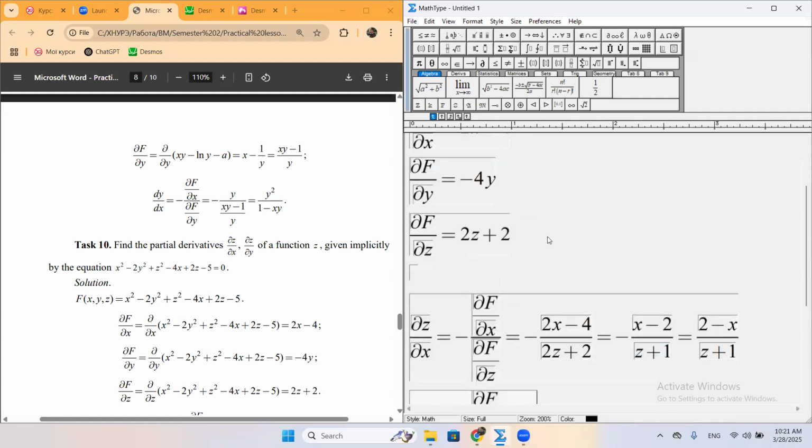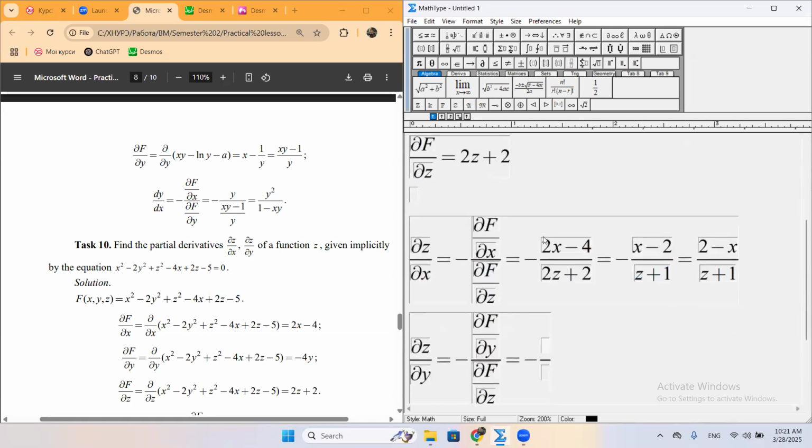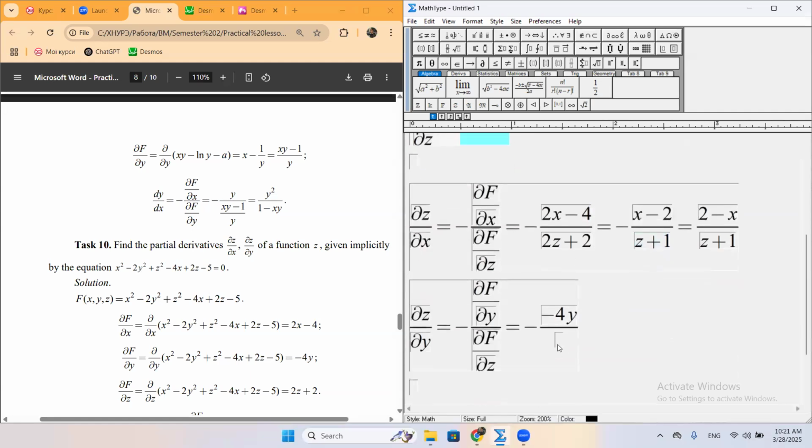And here, for this part, minus 4y by 2z plus 2. So minus will be eliminated, and also we can reduce by 2. So 2y by z plus 1.